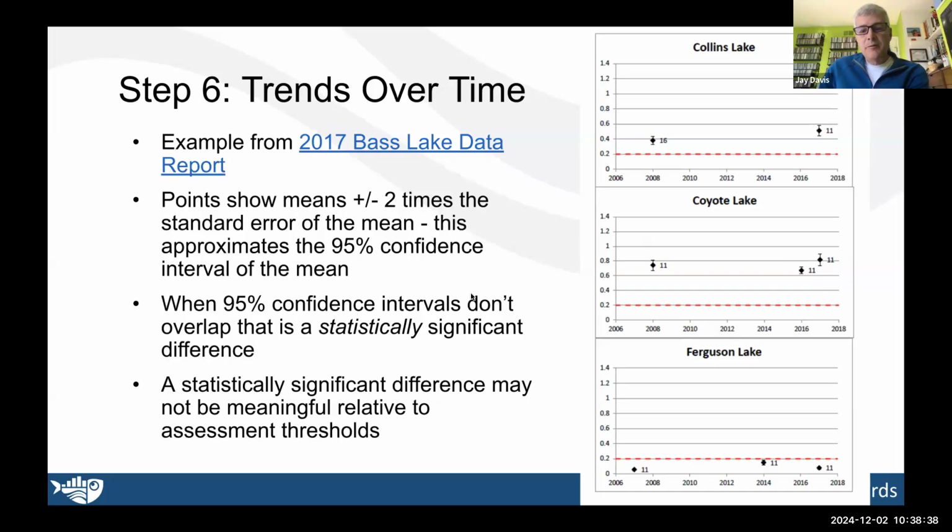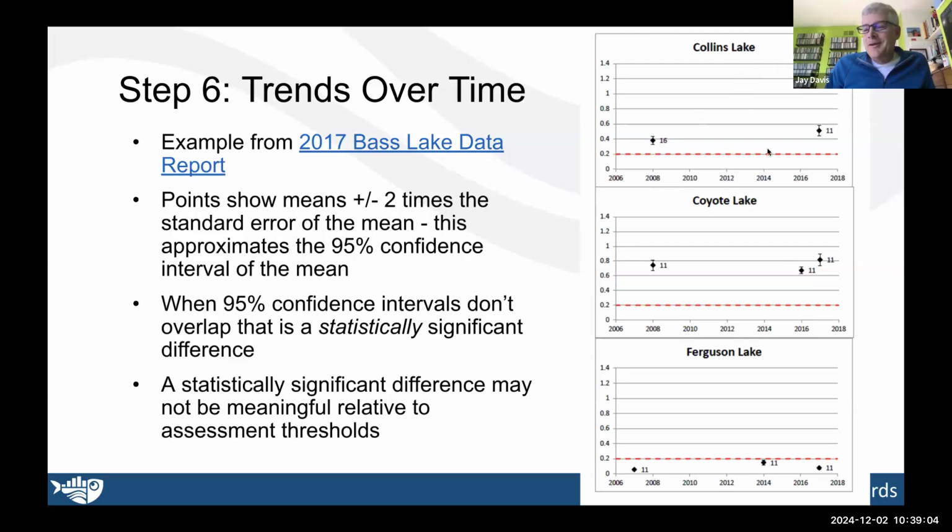We've got our best data for mercury in general. In recent years, we've started to get to a point where we have time series of data, and we've revisited water bodies. Like Collins Lake. I couldn't see the title, but I moved the thing, so now I can see it.